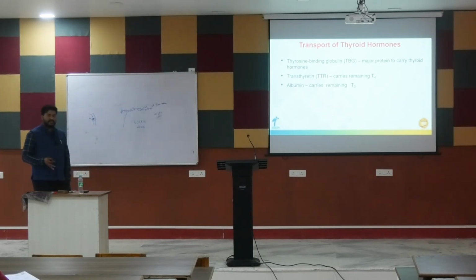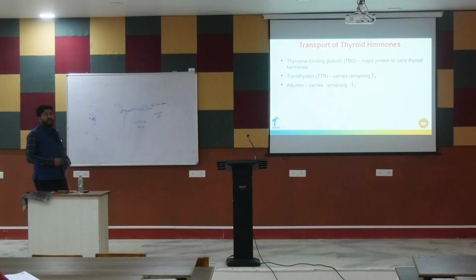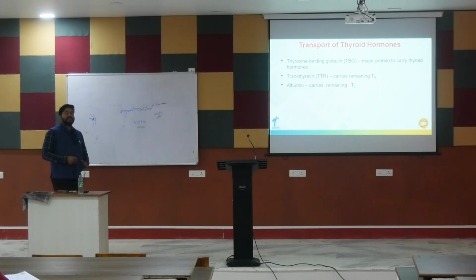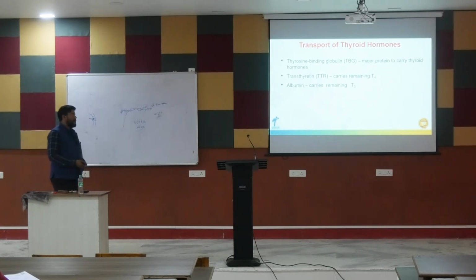This free form is active. The binding proteins are thyroxine binding globulin, transthyretin and albumin. Main is thyroxine binding globulin. In pregnancy, there is increased production of TBG. So in pregnancy, there is more total T3, T4 in the mother's blood, but the free form is usually not affected.